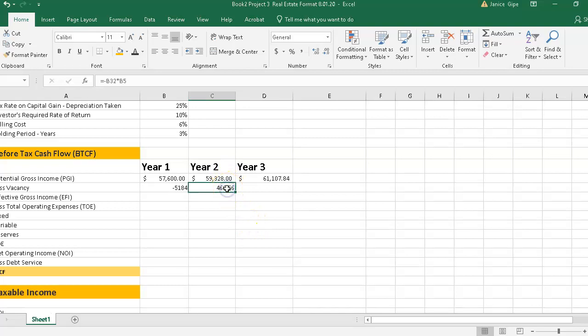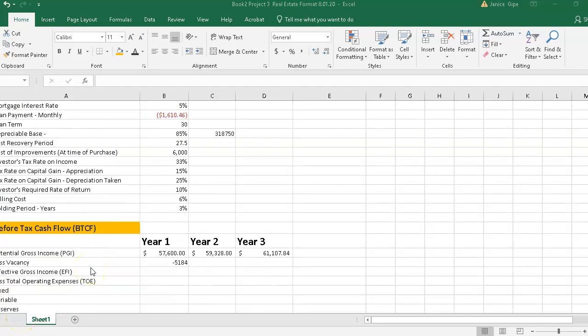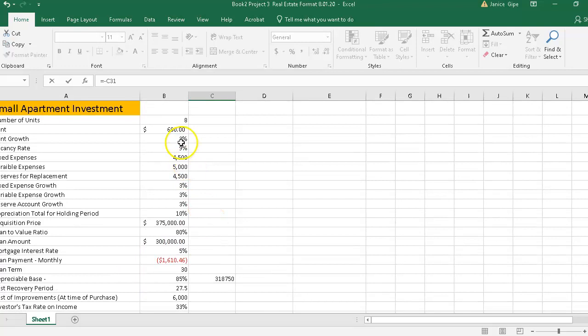It's not correct. My apologies, actually. To get the vacancy loss for year two, we would take the potential gross income for year two and multiply it by the 9%.